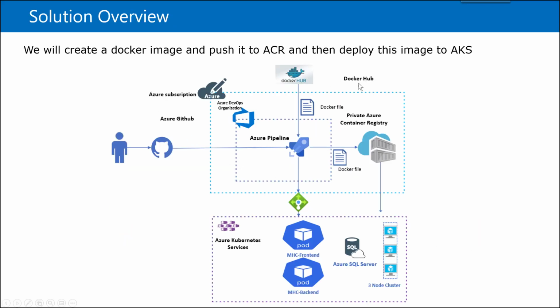So this is a solution overview. In this solution, first we will build this image by getting the basic standard image from Docker Hub. This is the standard image which is designed and developed by Microsoft and pushed into Docker Hub.